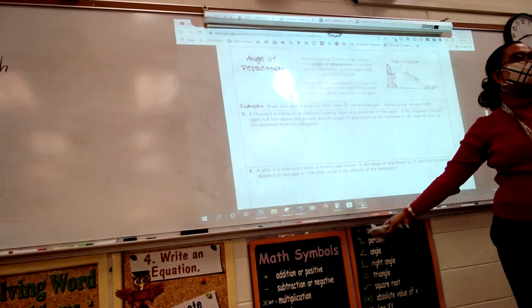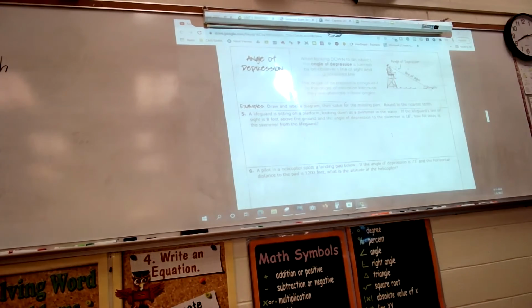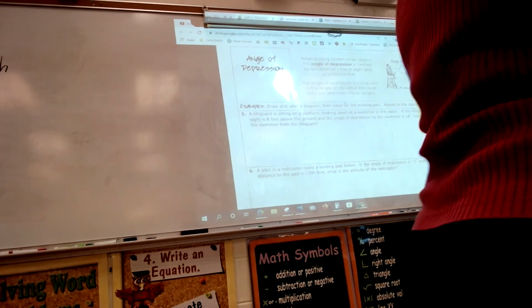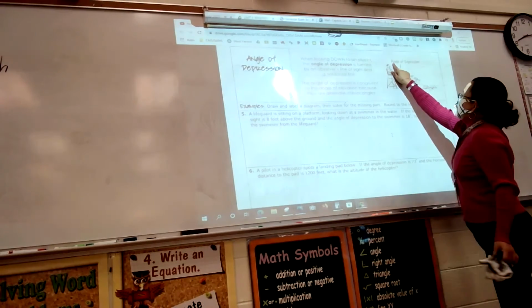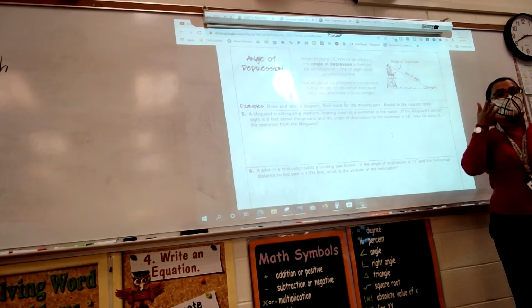So what do you do when you are depressed? Isn't it like you're looking down and just sleep? If you are depressed, if you are stressed or something, are you looking up or are you just looking down somewhere, right? So that's why it is being called depression. Meaning, it is the angle, the line of sight going down.